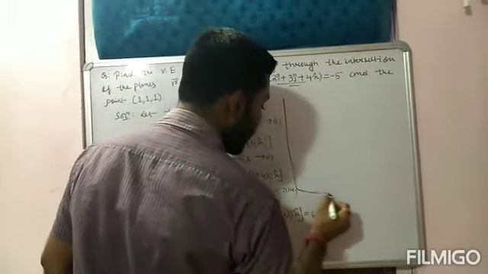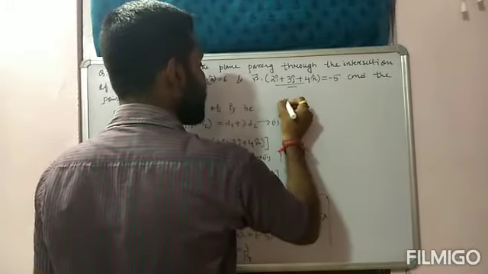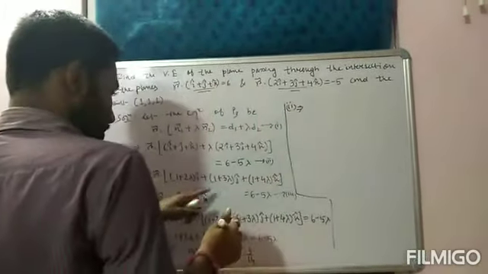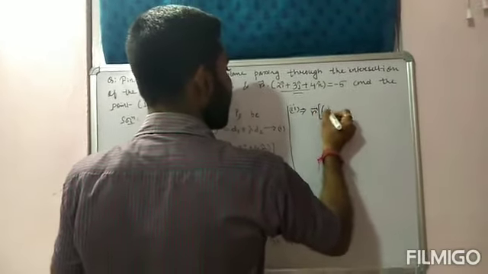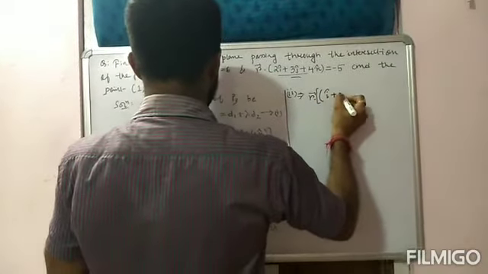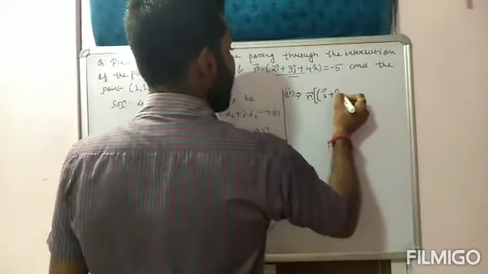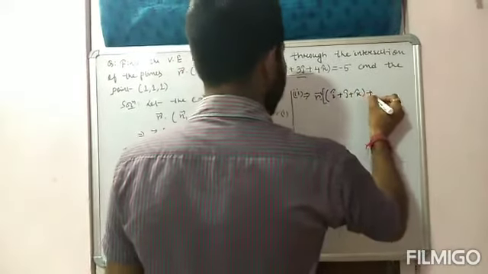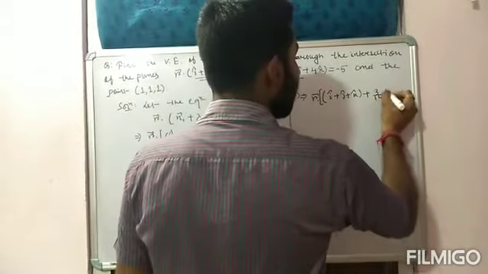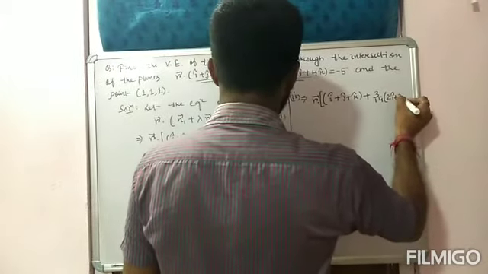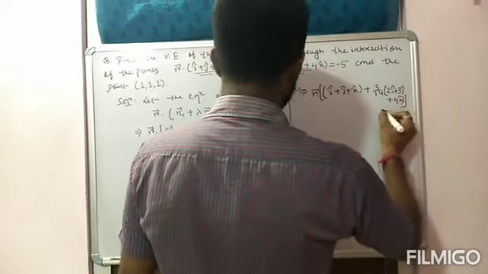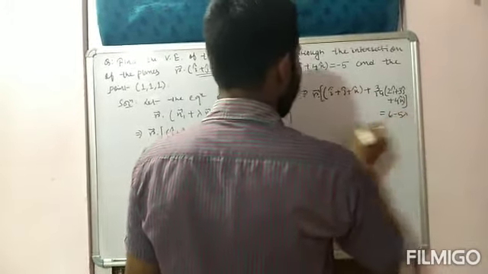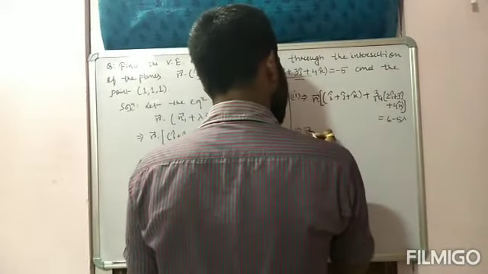So second equation implies r dot (i cap plus j cap plus k cap) plus, now here lambda is there, put the value of lambda, that is 3 by 14, whole into (2i cap plus 3j cap plus 4k cap), which is equal to 6 minus 5 lambda.